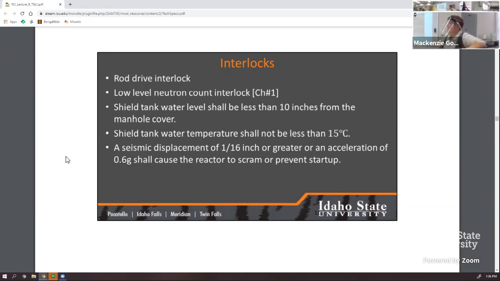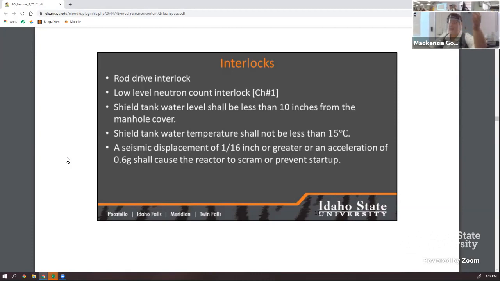So what do you think would happen if we chilled the water in the reactor tank? Yeah, your reactivity would go up. So if we chilled the reactor water tank, it's possible we could exceed our excess reactivity limit. And then we would have too much reactivity.